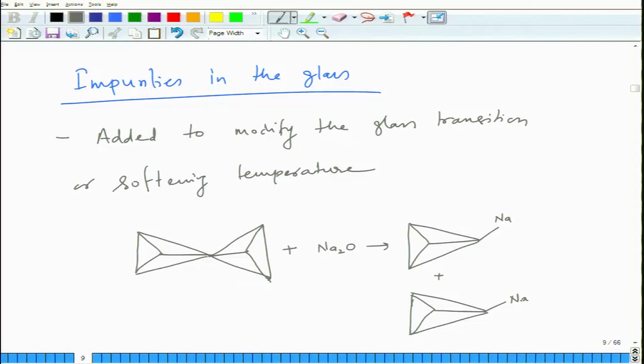Okay. So, they will become loose tetrahedra by breaking of this bond. This is the bond which gets broken by addition of, for example, sodium. So, sodium is a glass modifier or a network modifier. This is how it is going to change the viscosity of glass, for example.